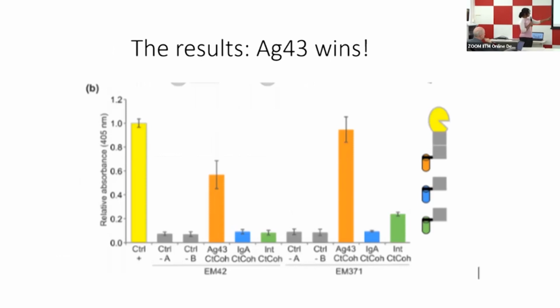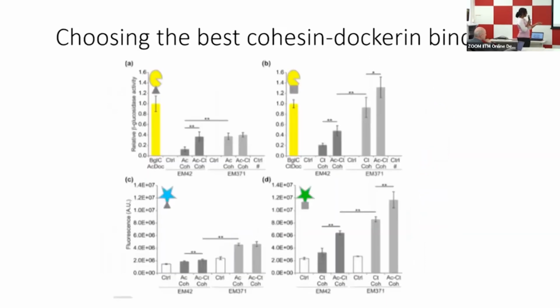IgA, however, did have an appearance in EM371 but not in EM42, and we attributed that to the doctrine not being able to bind to the EM42 cell surface. However, IgA had around similar absorbance in both EM42 and EM371. So we concluded that IgA, although the protein was expressed, was not functionally displayed on the cell surface.